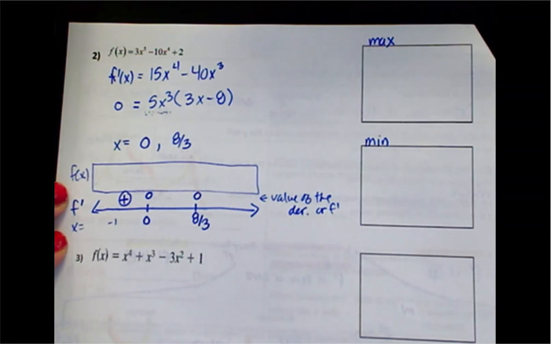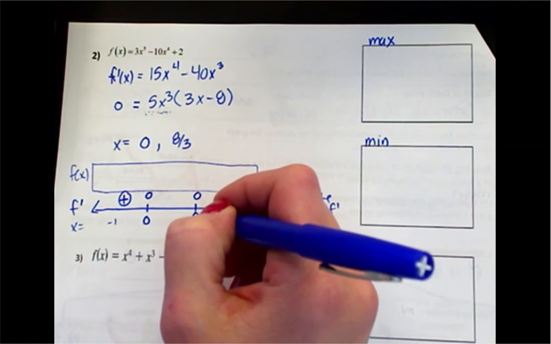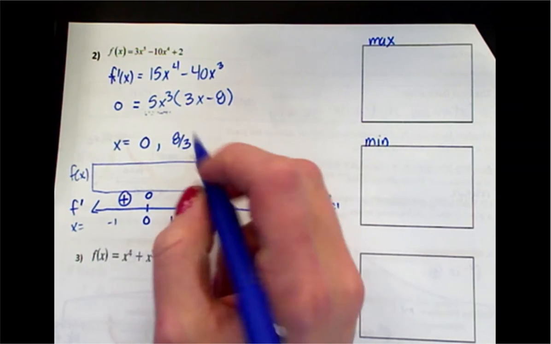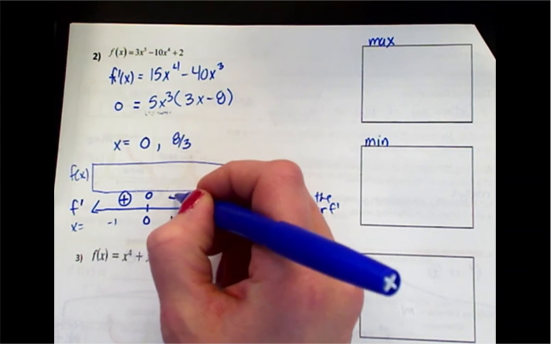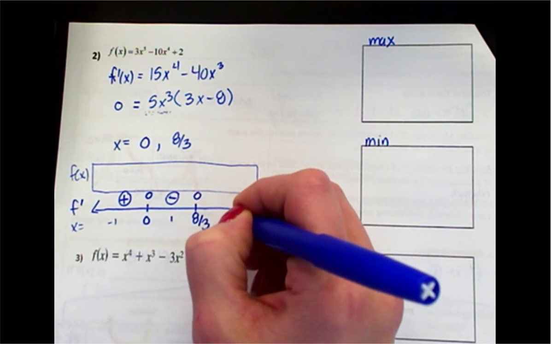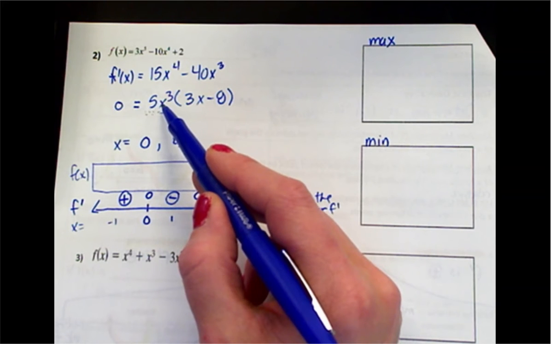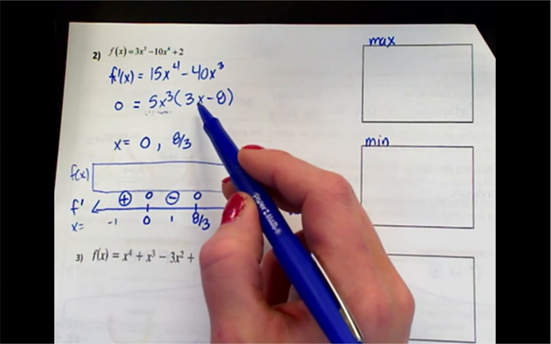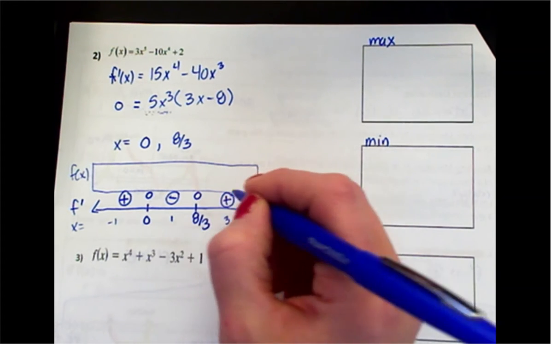Right? For a function calculator, you can just type in and evaluate. 8/3 is like 2, so I'm going to test +1. So 5 times -5, that's negative. And then this is 2 something, so I'll test 3. Oh, 27. Okay, so big. Positive times positive is positive.